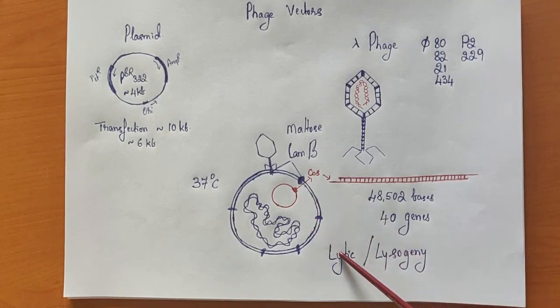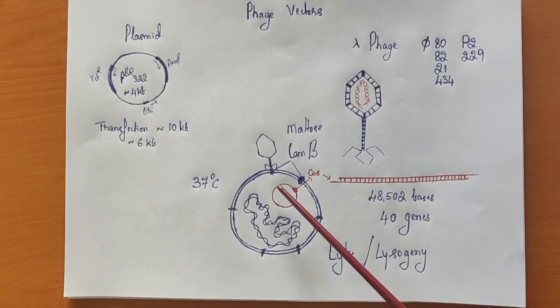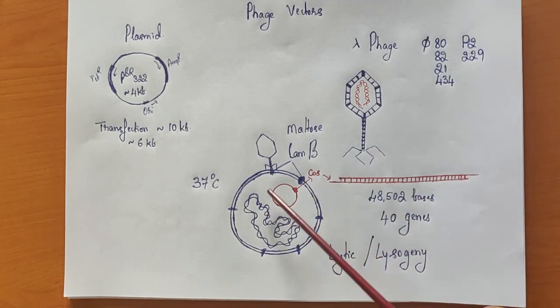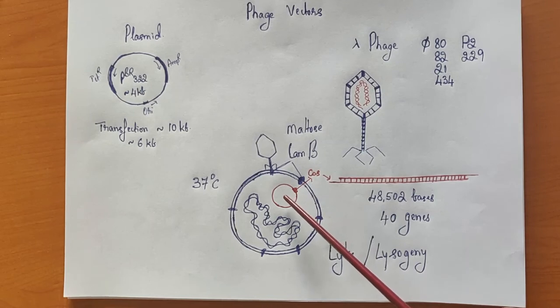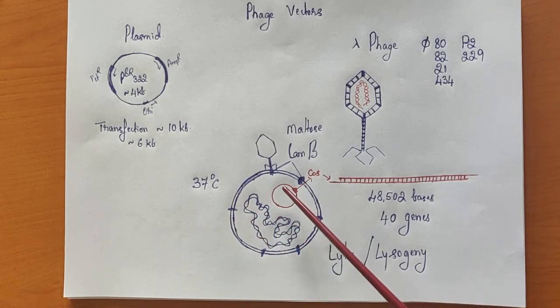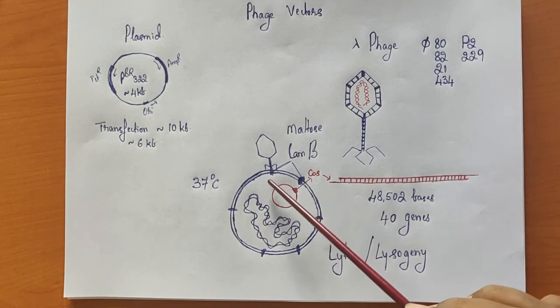Whereas in case of a lytic cycle, this particular DNA undergoes replication, then it will also undergo transcription and produce many proteins required for the head region and also for the tail regions. Then there will be an assembly. As a result, in the lytic cycle the phage particles will multiply into hundreds of thousands. Once they occupy the entire cell, finally it will lyse the plasma membrane and all the phage particles come out.